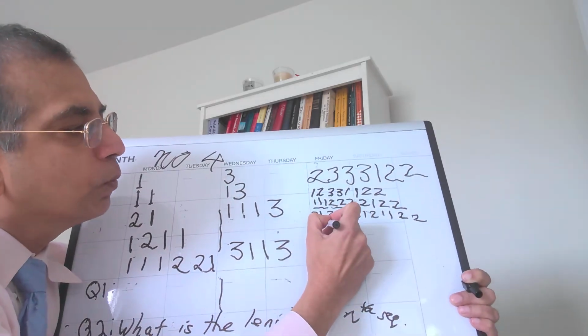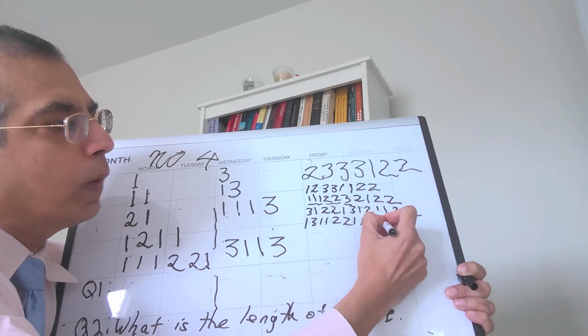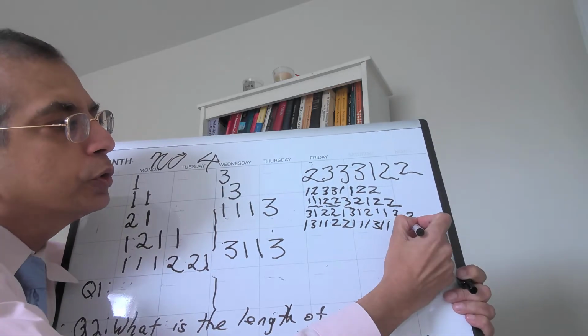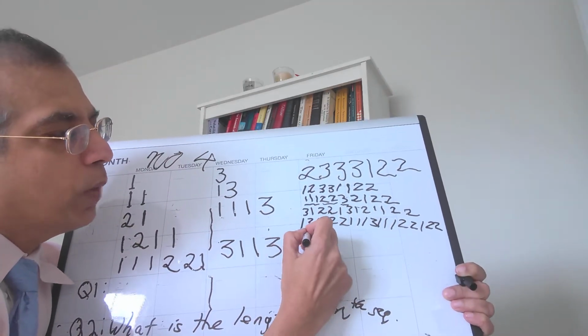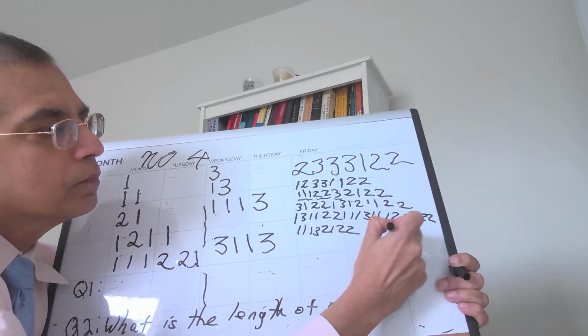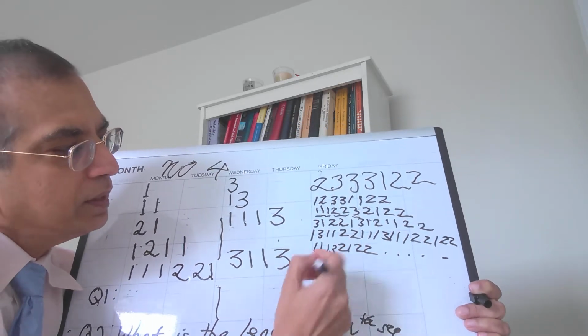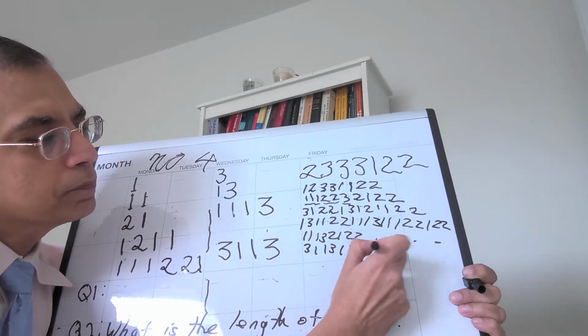1 3, 1 1, 2 2, 1 1, 1 3, 1 1, 1 2, 2 1, 2 2. And again we go 1 1, 1 3, 2 1, 2 2. Let's not go any further. I'll do the next one here. 3 1, 1 3, 1 2.